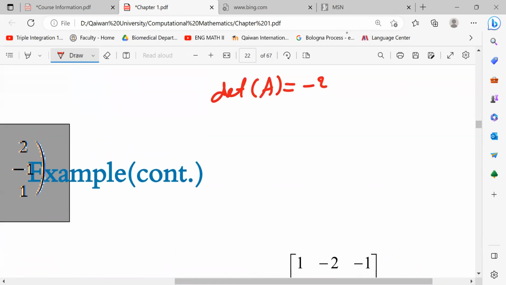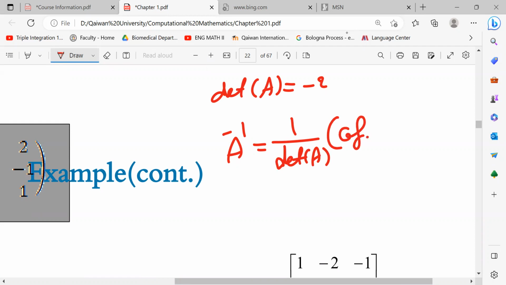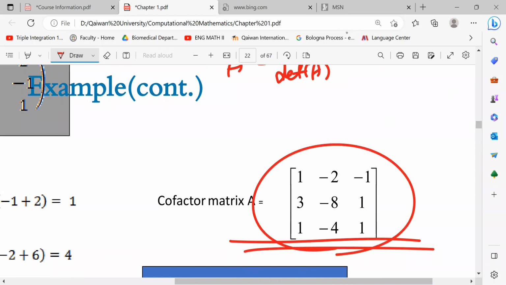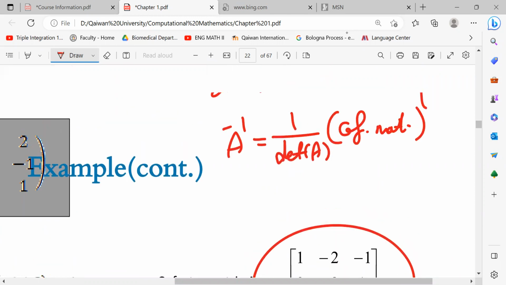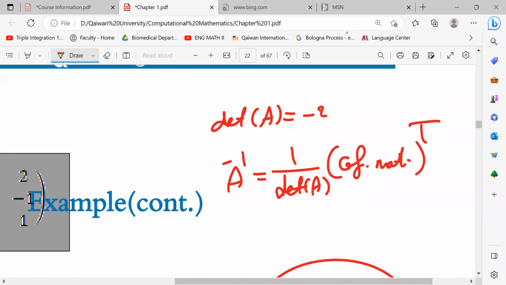We say A inverse is 1 over the determinant of A times the cofactor matrix transpose. We already found the cofactor matrix and also the determinant. Determinant is -2 and the cofactor matrix is this one. We find the transpose of this matrix, then multiply by 1 over the determinant.